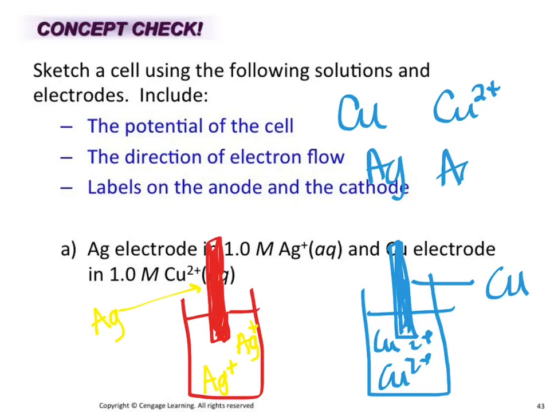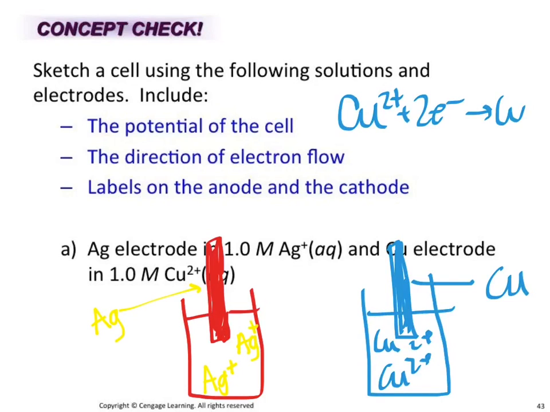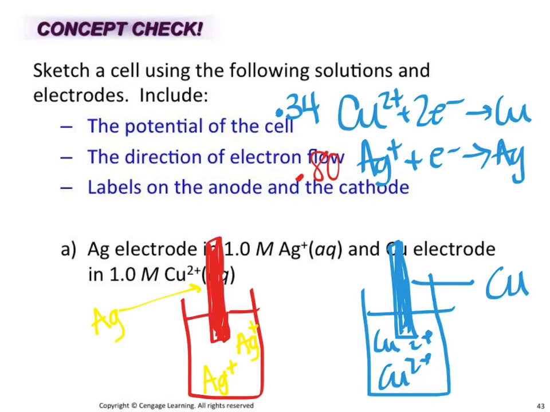Cu 2 plus plus 2 electrons gives me Cu, and Ag plus plus 1 electron gives me Ag. So what is the value for Cu? 0.34. What's the value for silver on our chart? 0.8. We're going to flow from the least to the biggest number.